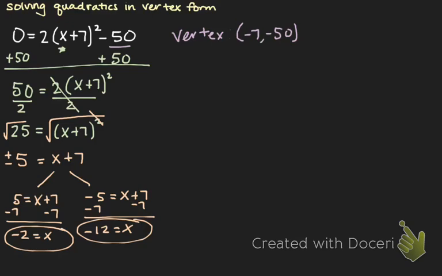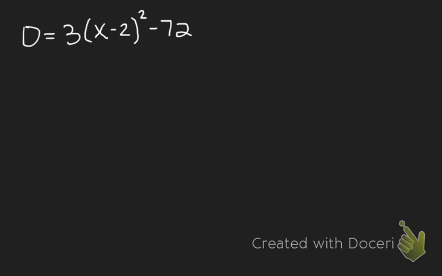Now, we also have the instance that we might not be able to perfectly square root this value. And in that case, let's talk about a different problem. Okay, let's say we have this new problem. So we have 0 equals 3 times the quantity x minus 2 squared minus 72.